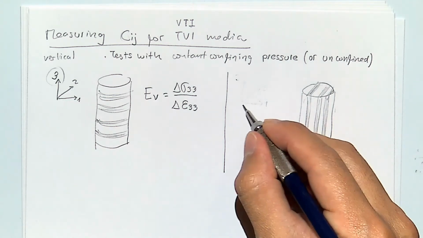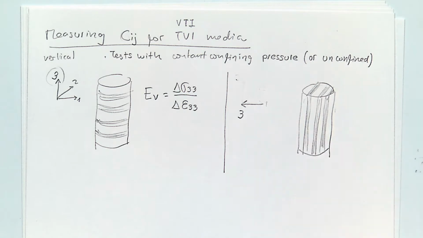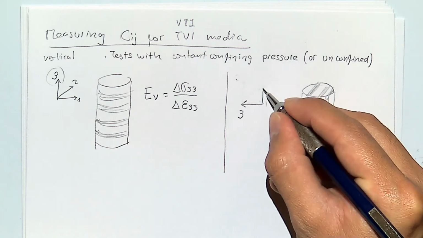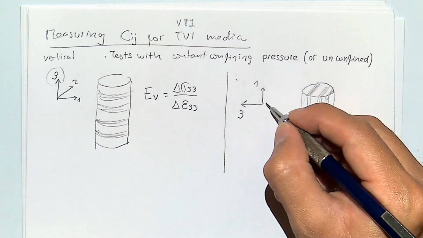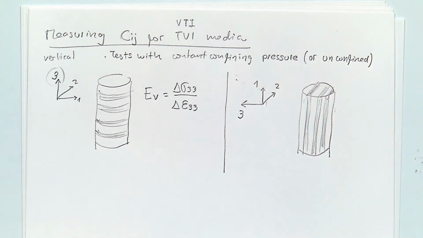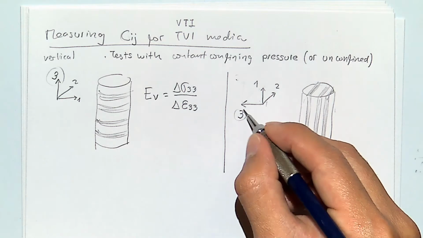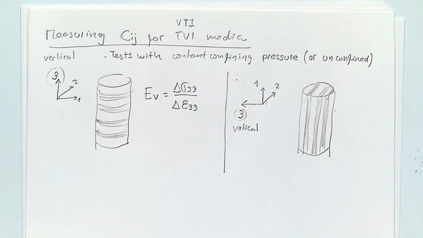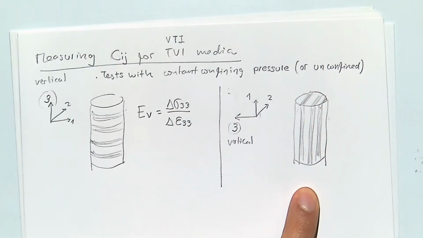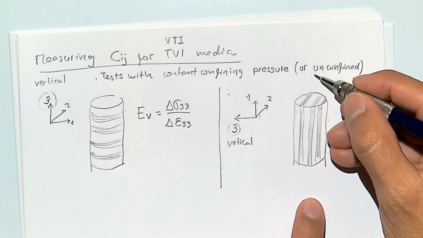So 3 is going to be here, and if that's the case, 1 in this case is going to be there, and 2 is going to be there. So 3 is vertical, but in this case, I'm just putting the sample in vertical direction because we're going to load it axially.